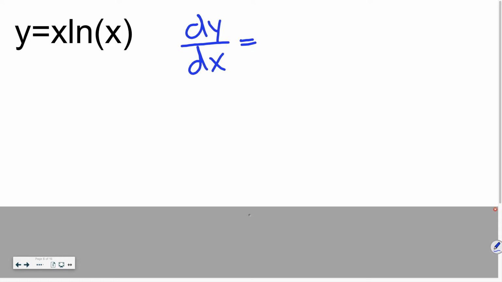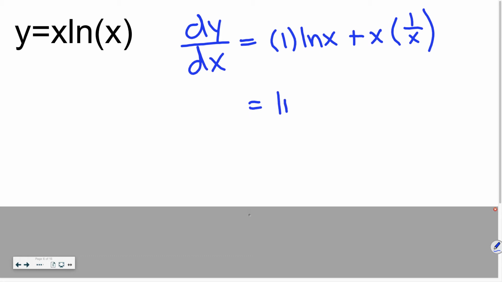The derivative of x times natural log of x plus x times the derivative of natural log x, 1 over x. So what do we end up with? Natural log of x plus 1, x times 1 over x.